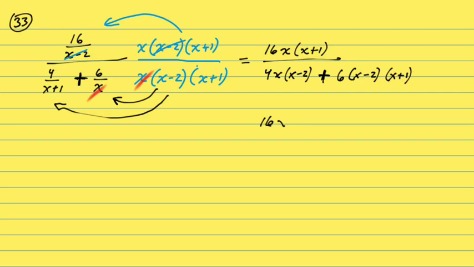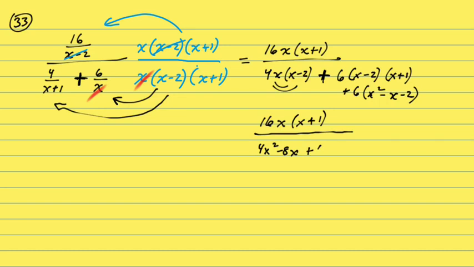On top, I'm going to leave it factored because it's already factored. On the bottom, I'm going to expand it, then try to factor it. 4x squared minus 8x, if I distribute, this would be 6 times x squared minus x minus 2.